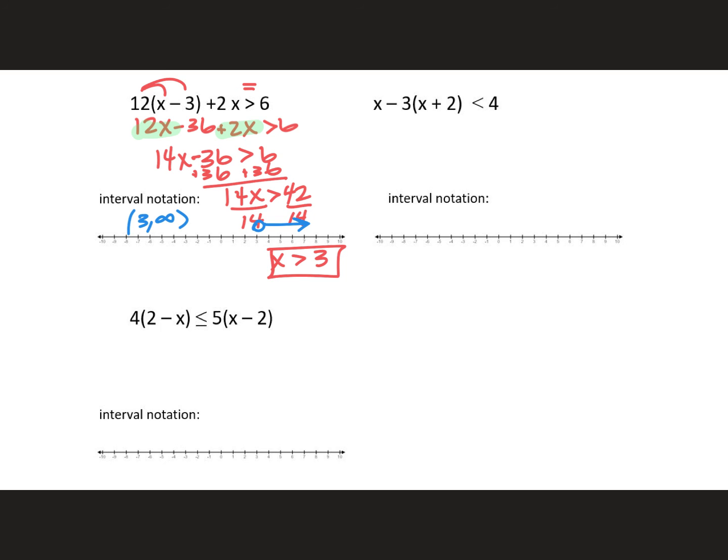For these last 2, I'll just solve them. I won't say very much here.